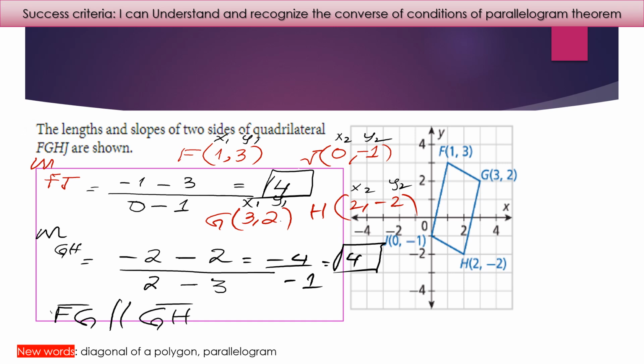Let's summarize. In order to determine if lines are parallel, you should prove that the slopes are equal by using the slope formula.